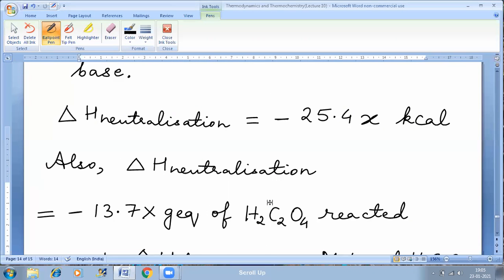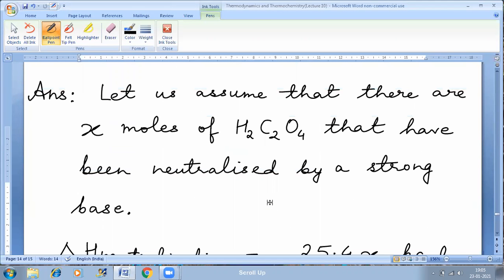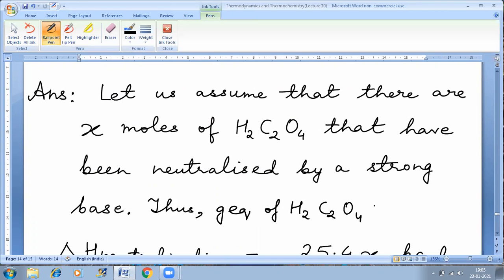What is the GEQ of H2C2O4 in this case? X मोल्स है ना, तो GEQ कितने रहेंगे? GEQ is equal to moles into n factor, so 2x.